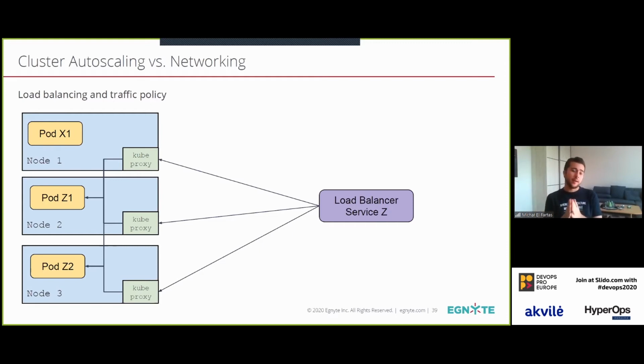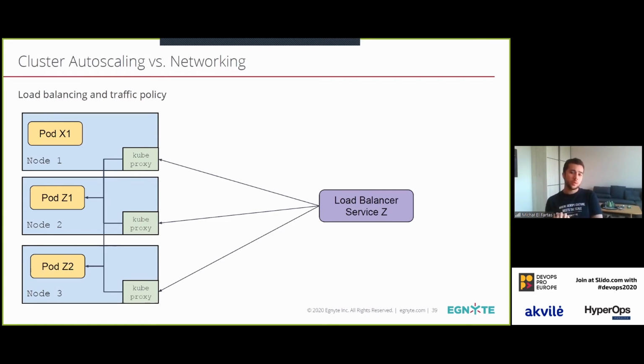Here we have an example cluster, 3 different nodes, 2 replicas of pod Z, and we have configured a service. Service is a type of Kubernetes object. You can specify service type load balancer, which will, in most environments, create an external load balancer, assign an IP to it, that will route the traffic to your application.